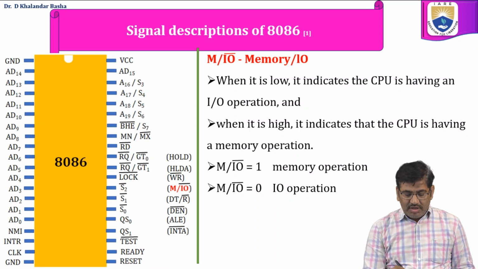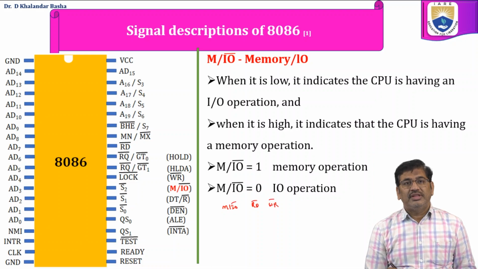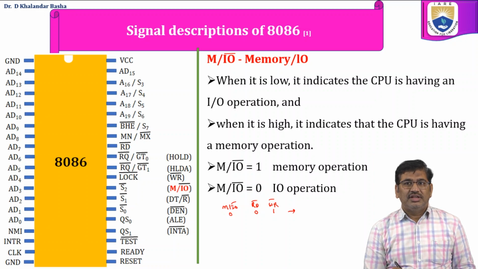If M/IO bar is equal to 0, then it corresponds to the IO device, either a read or write operation. If M/IO bar is 0, read bar is 0, write bar is 1, that means it corresponds to an IO operation. As read is an active low signal and is 0, and write is active low but the value is 1, write is disabled.